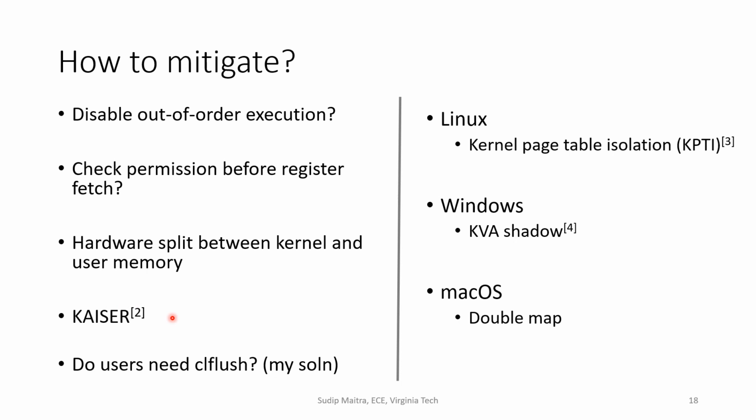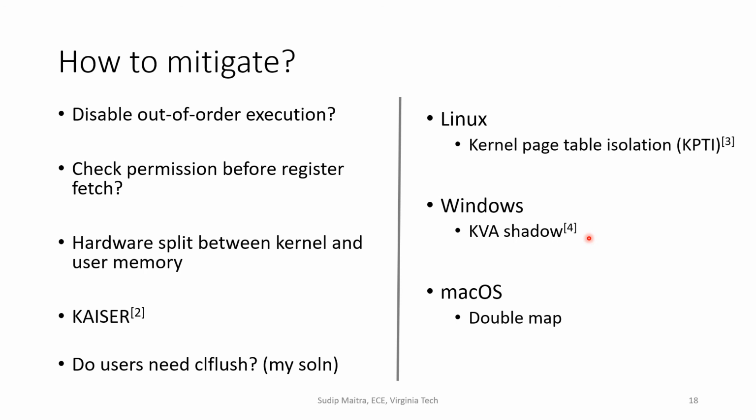Although this is not a complete solution, it reduces the attack surface significantly. So major players in the industry like Microsoft, Apple, and Linux have patched their kernels inspired by KAISER.